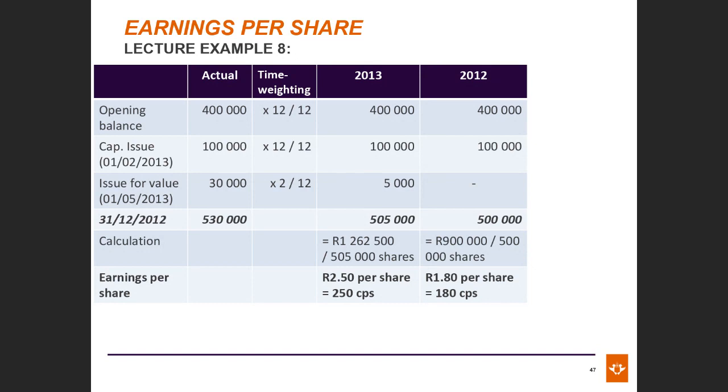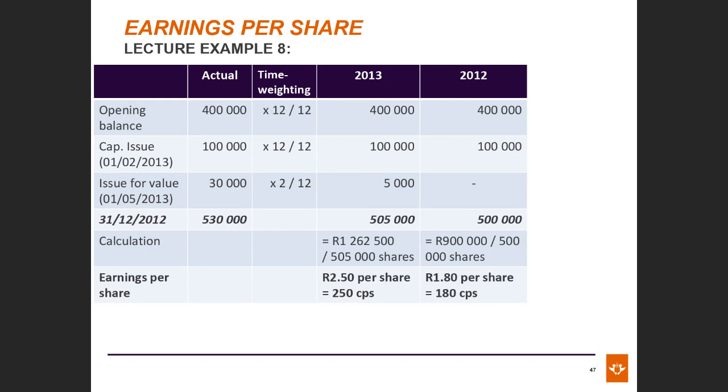Then we have an issue for value. They say on the 1st of May 2013, FAC3 issued an additional 30,000 Class A shares with the total value of 90,000. So do you agree this is an issue for value? So because it is an issue for value, we need to time weight this issue for value.